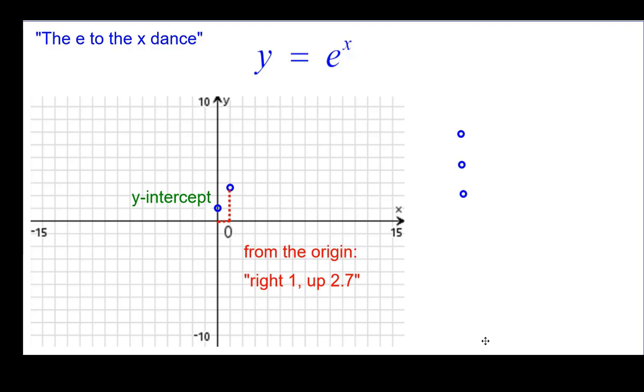So from the origin, we'll go right 1 and up 2.7. E is about 2.7, a little bit bigger than that. Right 2 up 7.4, 2.7 squared is about 7.4. Left 1, this is the reciprocal of e, about 4/10. And left 2 up about 0.14, which is pretty close to 0 already. So those are the 5 key points.